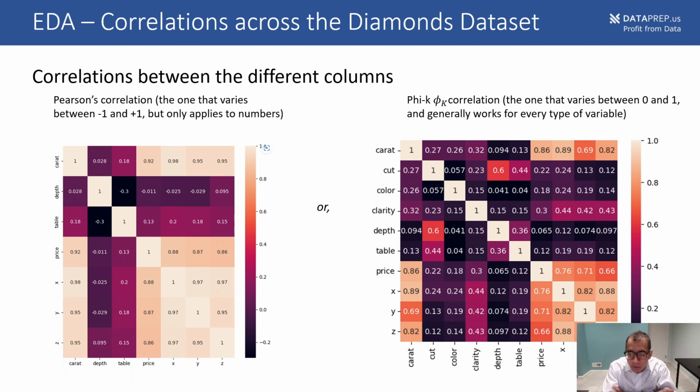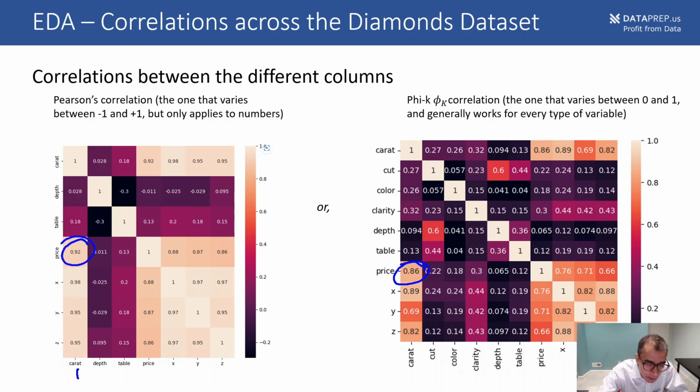Correlations, we covered this in the previous video as well. You would like to look at correlations, what is going on here in terms of relationships between different variables. And I can see that clearly there is a very strong relationship between carat and price. So the heavier my diamond, the more expensive it is. And that is also borne out here in the Pearson correlation coefficient.